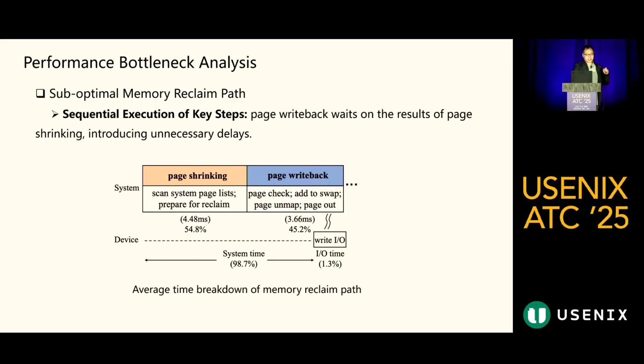So we further check the latency for the I/O reclaim path, and we found that these 2 steps take the majority of the latency. The page shrinking step takes about 50%, and page writeback takes another 50%, and the storage only takes a very small part of the whole latency.